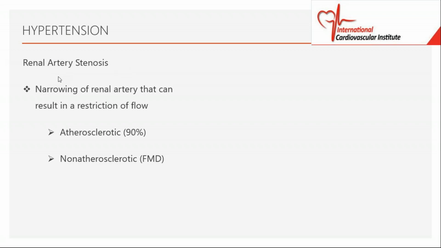In renal artery stenosis, there's a narrowing of the renal artery, which results in a restriction of blood flow to the kidneys. In older patients, it tends to be atherosclerotic, and in younger patients, it's non-atherosclerotic, fibromuscular dysplasia most likely.